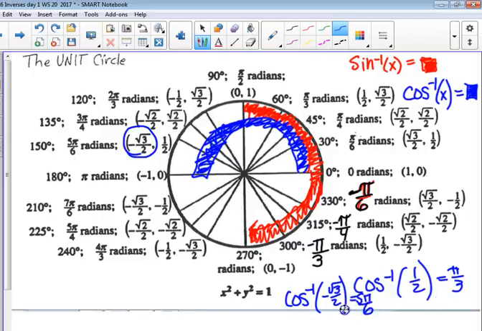It's just the answer from quadrant 1 or 2 only. One more. What if I use arc cosine of 0? Where's the x coordinate 0? Pi over 2, right? The only place along there?